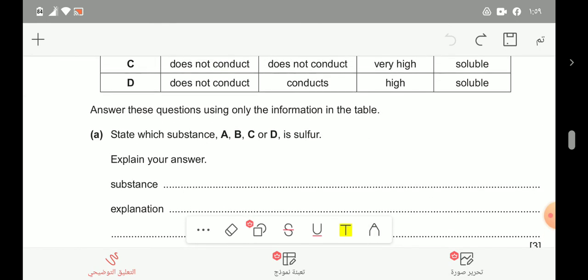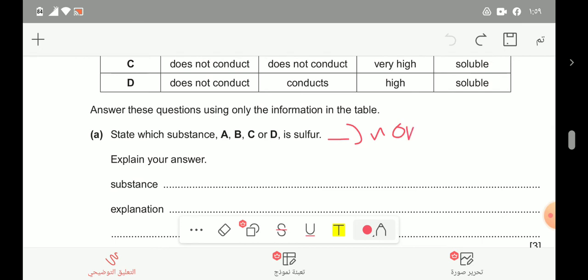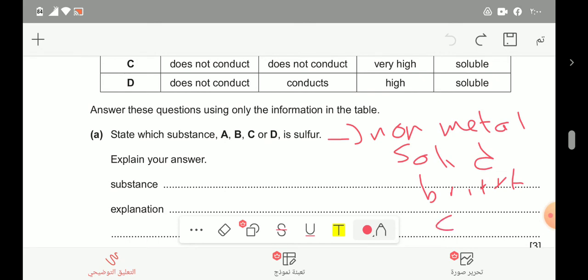State which substance A, B, C, D is sulfur. Explain your answer. As you know, sulfur is a non-metal, solid, brittle, and yellow, and cannot conduct electricity.